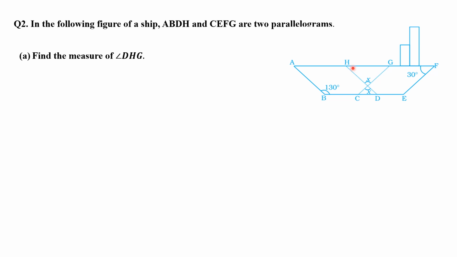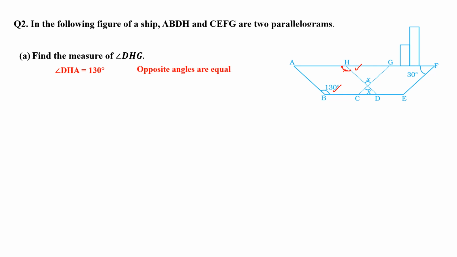So this angle you have to find. How to find this angle? If I know this angle, then I can easily calculate this one because they form a linear pair. It is already given that ABDH is a parallelogram. So if this is 130 degrees, the opposite angle will also be 130 degrees. So angle DHA is also 130 degrees. The reason is opposite angles are equal.